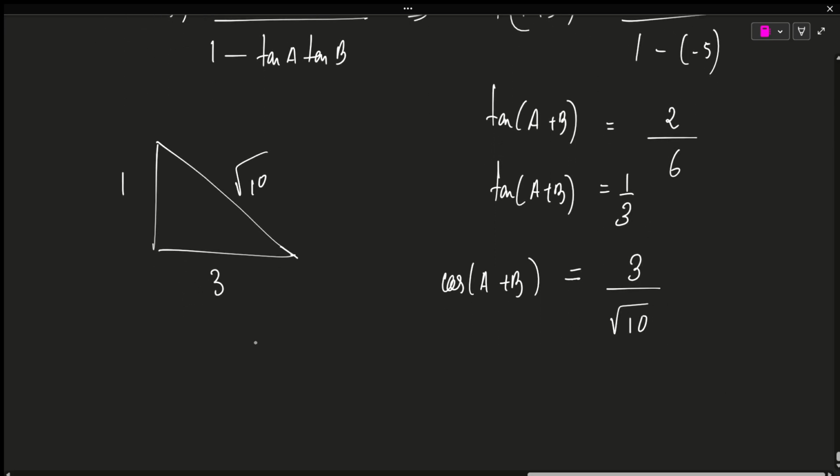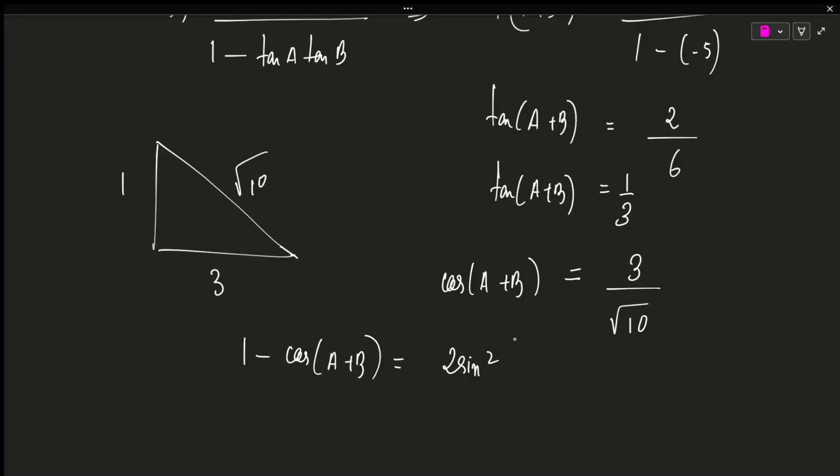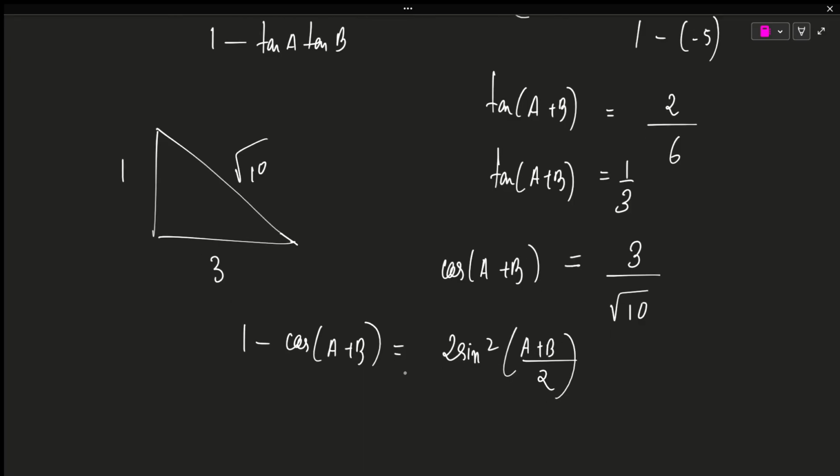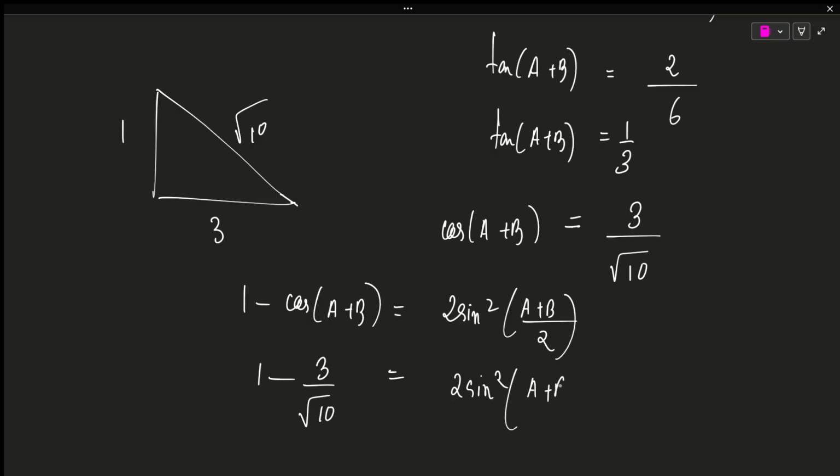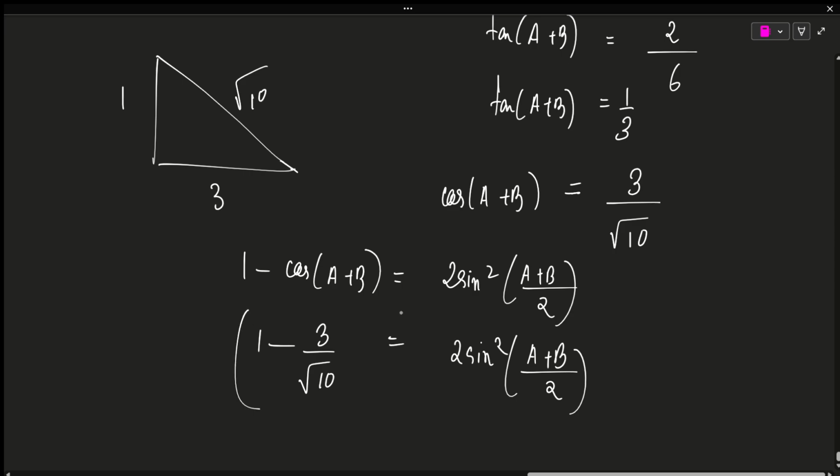Now I know that 1 minus cos of a plus b is 2 sine square a plus b upon 2. So this is going to be 1 minus 3 upon root 10. Okay, this is 2 sine square a plus b upon 2. But what do I need? I need 20 times.